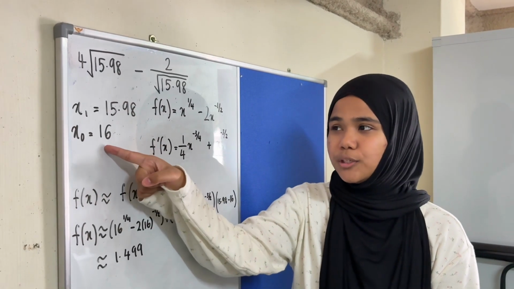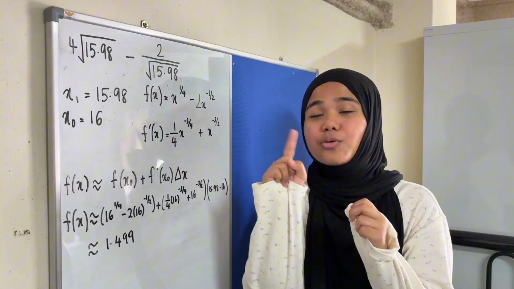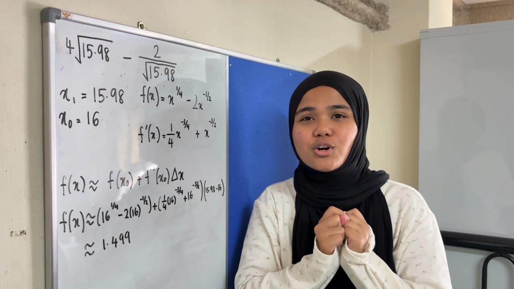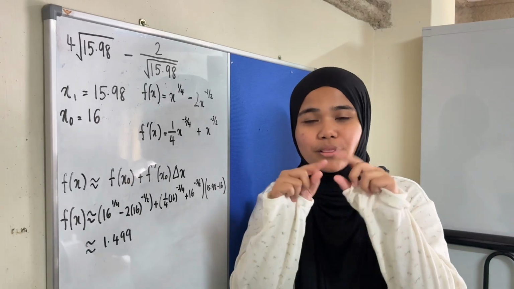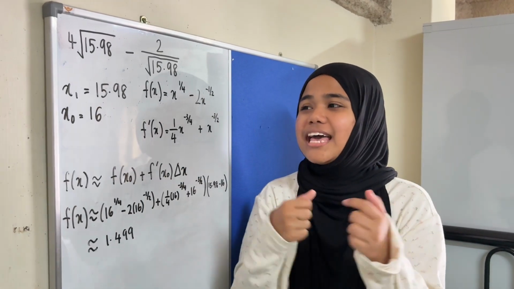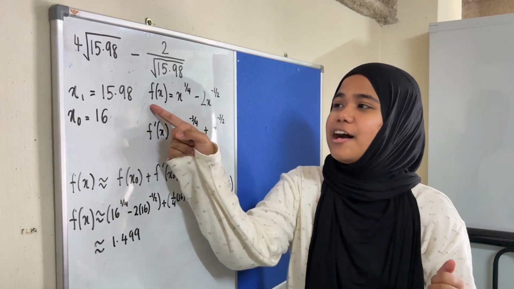For x naught, we get from two numbers, 15 and 16, square root of 15.98 and square root of 16. Which one gives the whole number? That is the one that we choose as x naught. So it is 16.